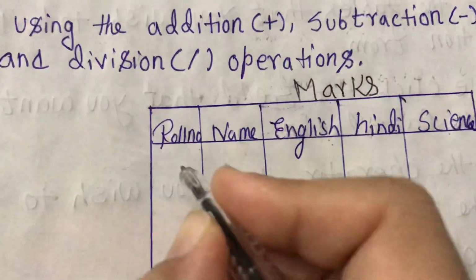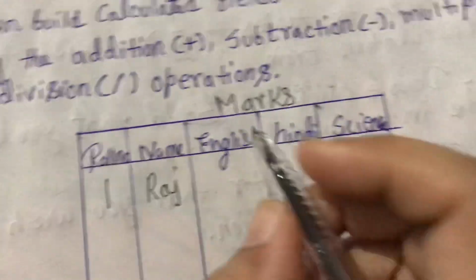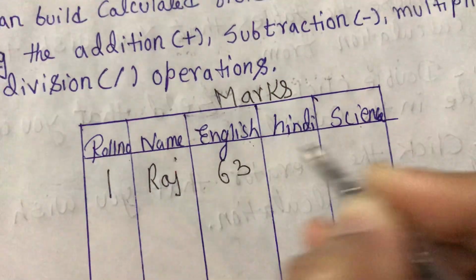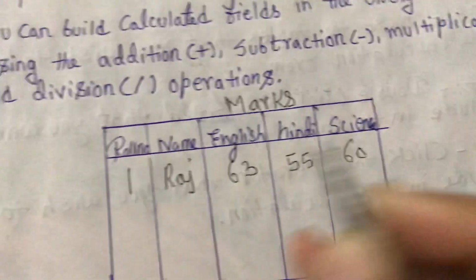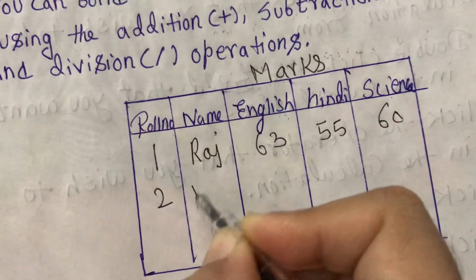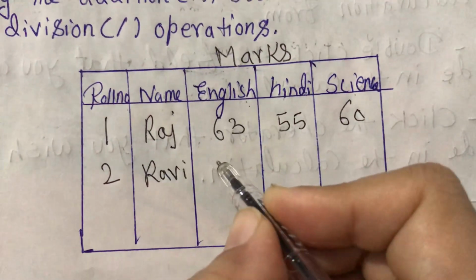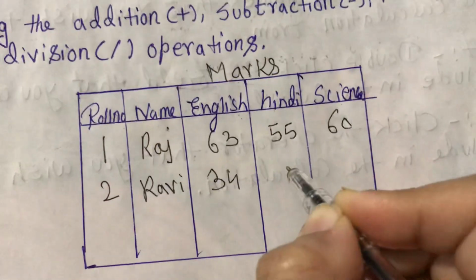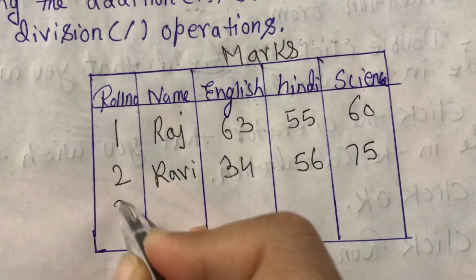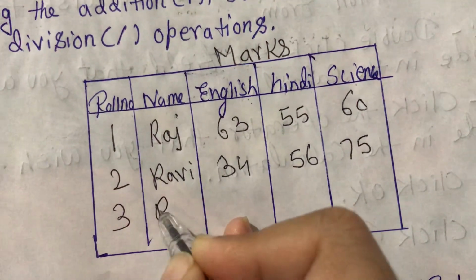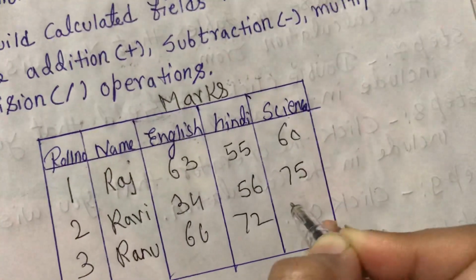So roll number 1, Raj, gets marks in English 63, Hindi 55 and science 60. Roll number 2, Ravi, you can enter any name, gets marks 34, 56 and 75. Then roll number 3, Ranu, marks 66, 72 and 94.